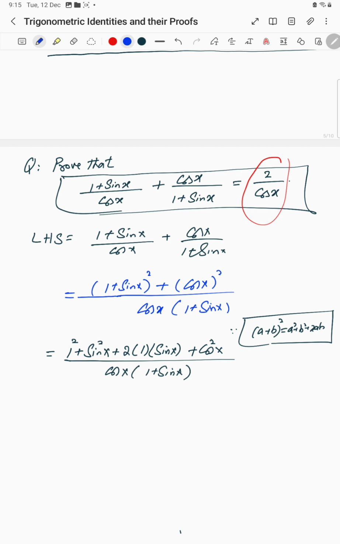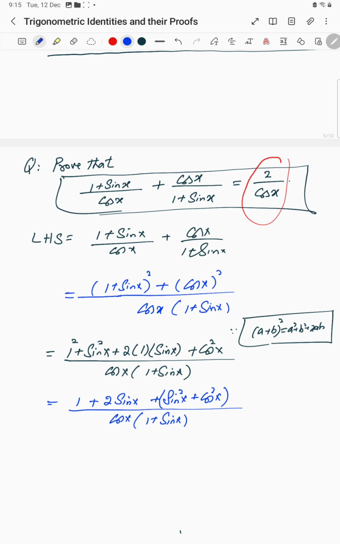Let's further solve the numerator. 1 square is 1, and this sine square and cos square I will write at the last, and plus 2 ones are 2 sine x, plus sine square x plus cos square x. I'm going to write that in a bracket because this reminds us of an identity, the basic identity that we have proved, and let the denominator stay as it is, cos of x times (1 plus sine of x).